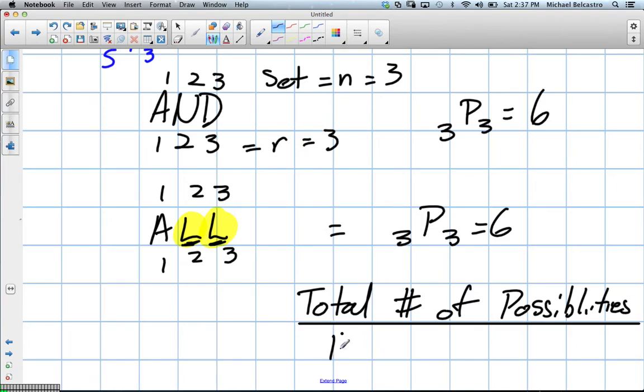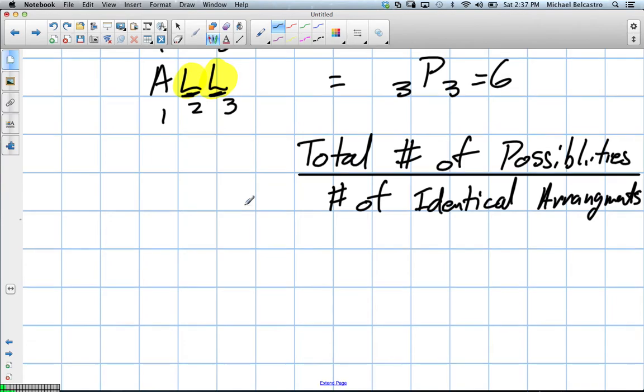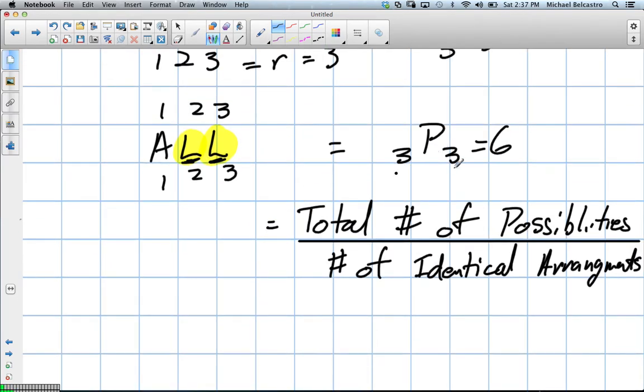So the number of identical arrangements. So what does that mean? Well, the total number of possibilities is still our 3P3, okay? So we still have 3P3.